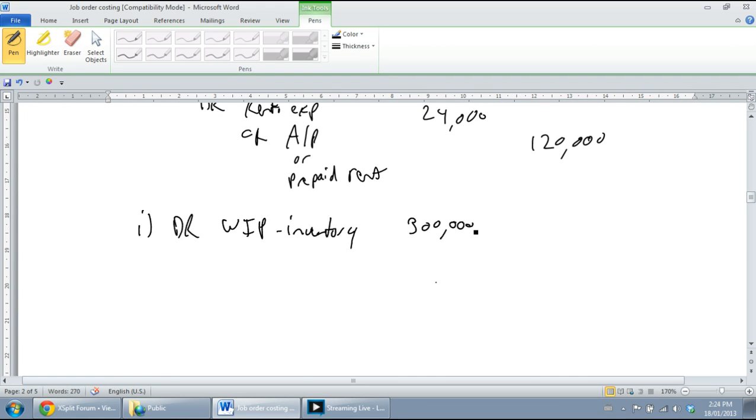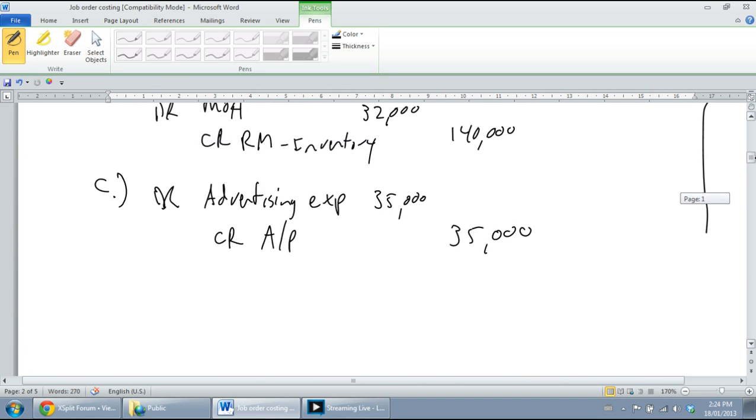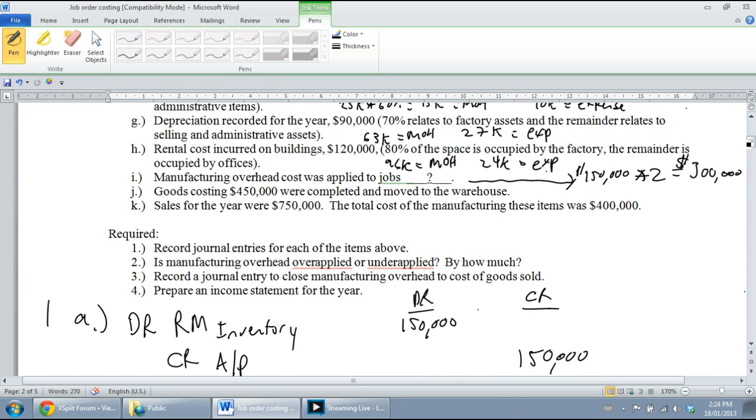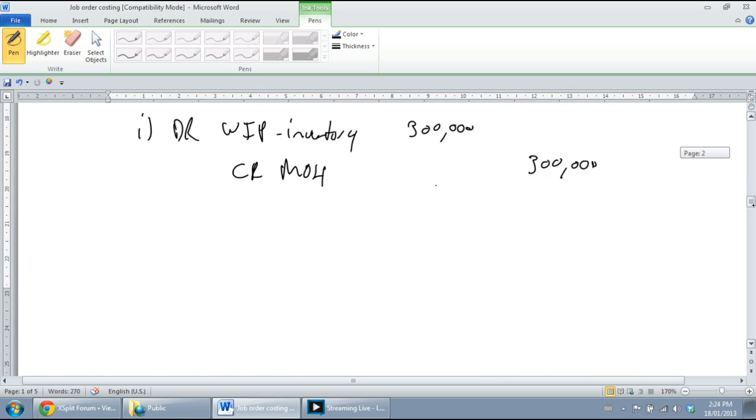And we said, oh, this MOH is kind of a holding account, so we credit overhead for $300,000. Now your journal entry to apply overhead will always look the same. Debit WIP, credit MOH. The amounts, of course, will be different. But if you ever receive a question that says overhead costs were applied, or the company applied overhead costs to its jobs, as it does in I, the journal entry is always the same, and it's a tough journal entry.